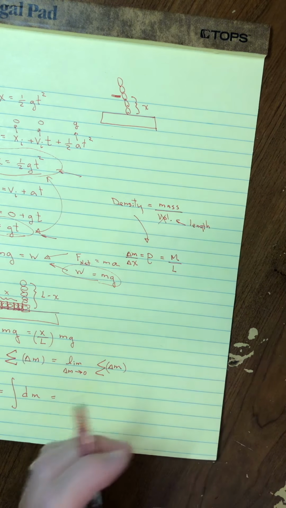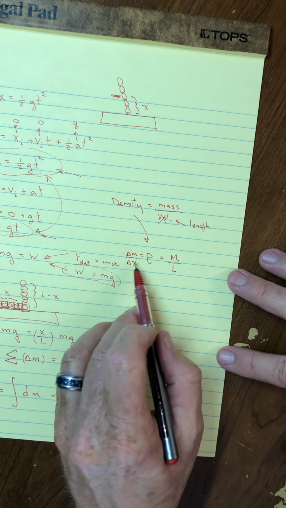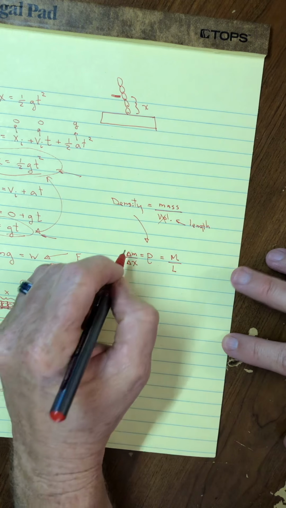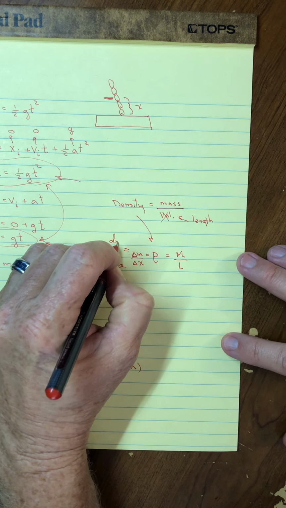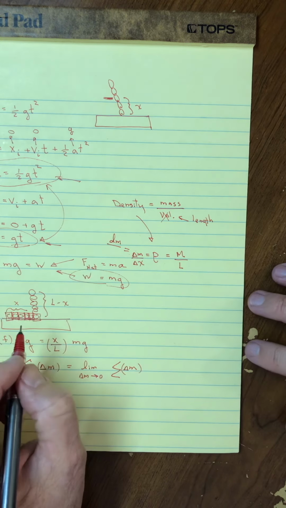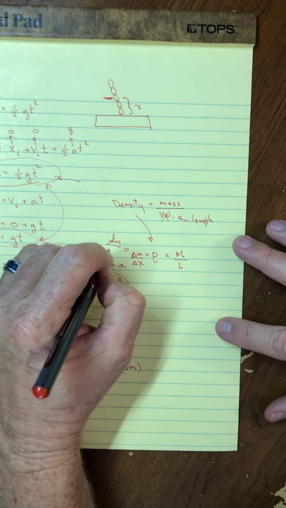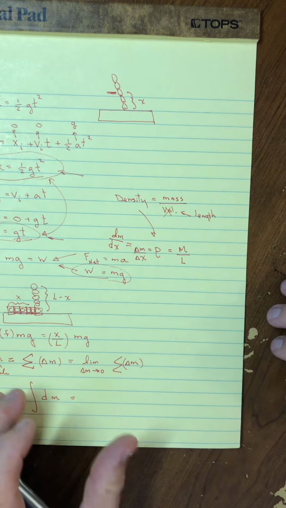Usually we use the x for length. And so if I'm not talking about the whole length of the chain, I don't want to use a delta L. In fact, with our calculus in mind, we might call that an infinitesimal amount of mass, dm, over an infinitesimal amount of length, dx.